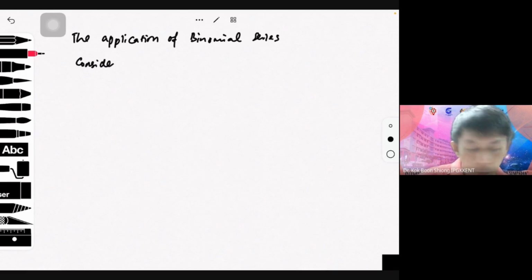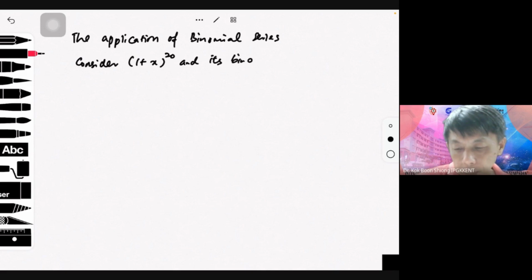Let's say we have the equation (1 plus x) to the power of 20, and the binomial expansion, if we are able to expand it by using the formula from before.